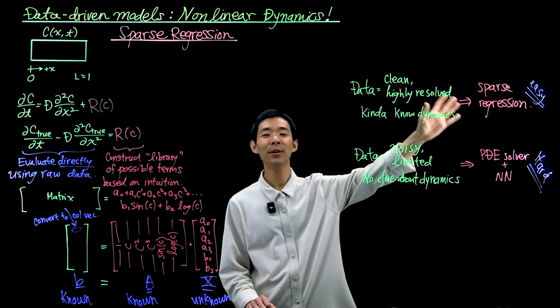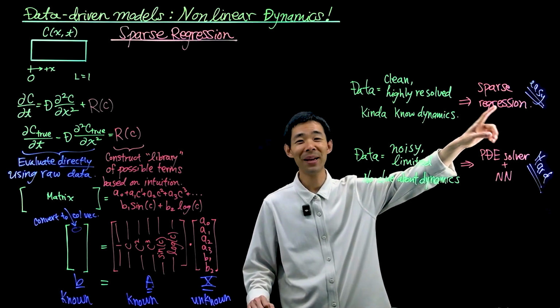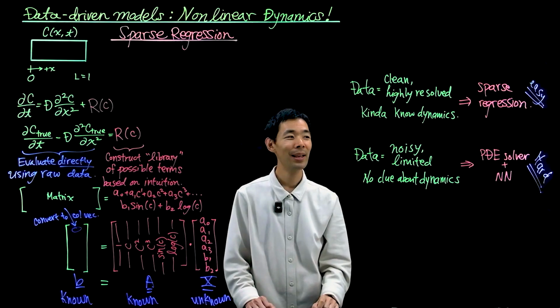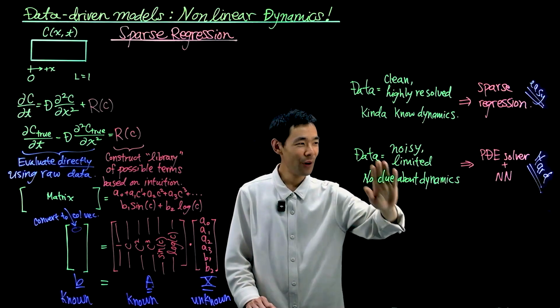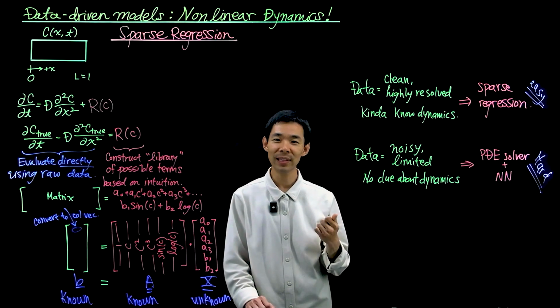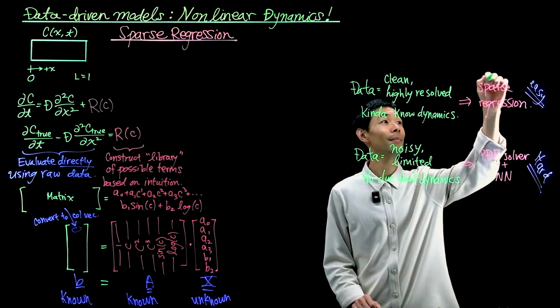Definitely, if sparse regression, you can get by with that, I would recommend it because it's much easier to develop a model based on sparse regression. And if you're on the bottom, although you may have more robustness or consistency, it's generally going to be a harder approach to implement.